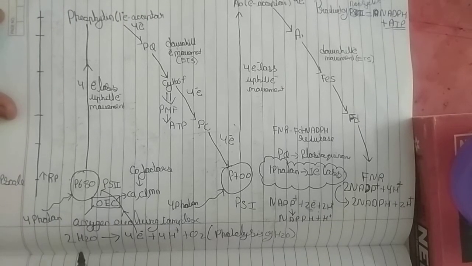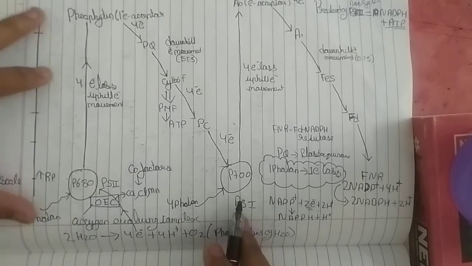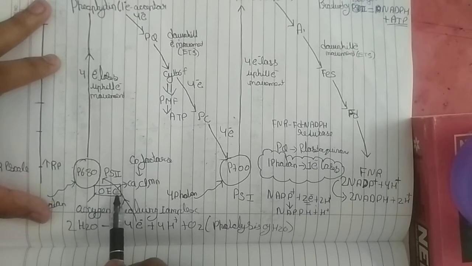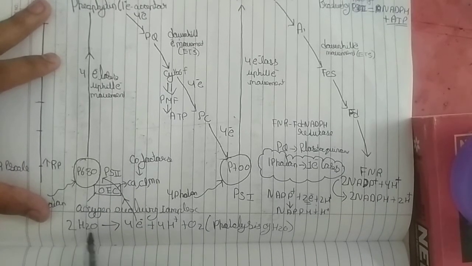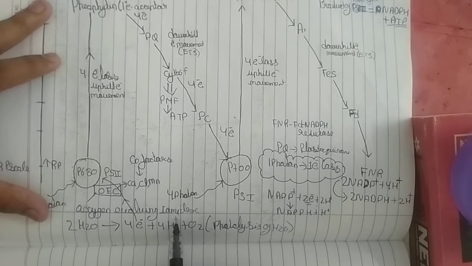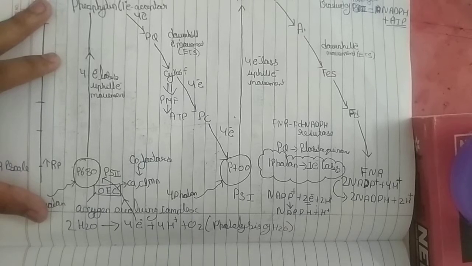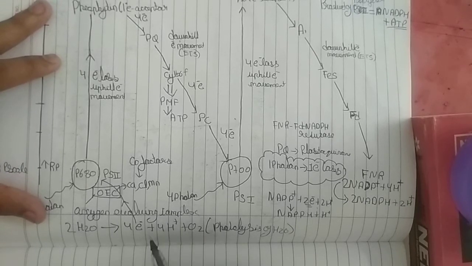Sorry, it is photolysis. In the photolysis of water, 2 molecules of H2O break down into 4 electrons plus 4 protons, H+. The electrons and protons are transferred in the form of hydrogen. You remember this from your chemistry.